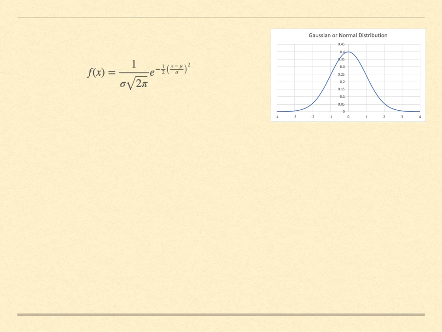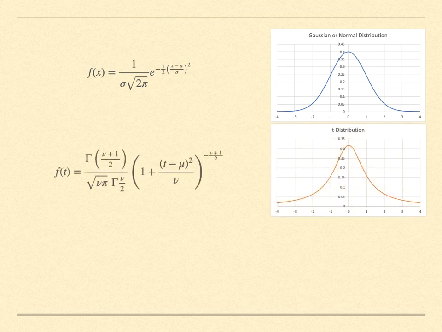Gosset showed how this had to be changed when small numbers of samples were involved and created a new mathematical form called the t-distribution. The same arguments regarding the integration under the curve are made as for the Gaussian function, except that the t-distribution functions differ with the degrees of freedom and they are wider than the corresponding Gaussian.